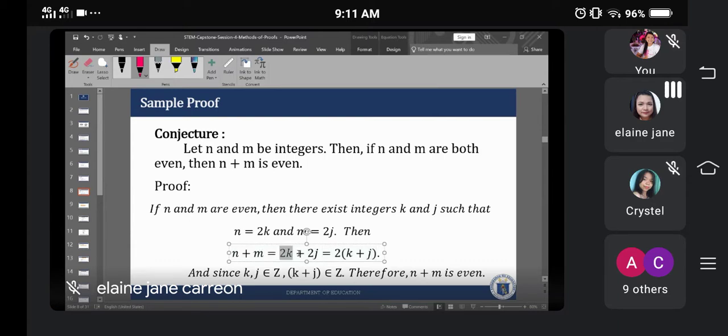This is a binomial, right? What is the common factor between this one term and this other term? You look for the common factor. What is the common monomial factor in this binomial? Anyone? What do they have in common?